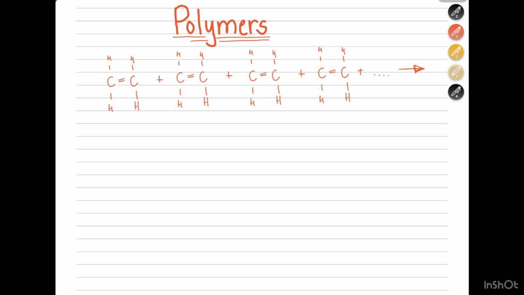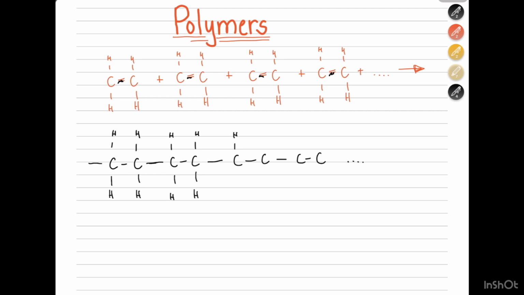So what happens here is that the double bond breaks in all of them and they form a big chain. C bonds with C, bonds with C, bonds with C again, and it goes on and on and on. We can add our hydrogens here. Each attaches to the previous carbon.